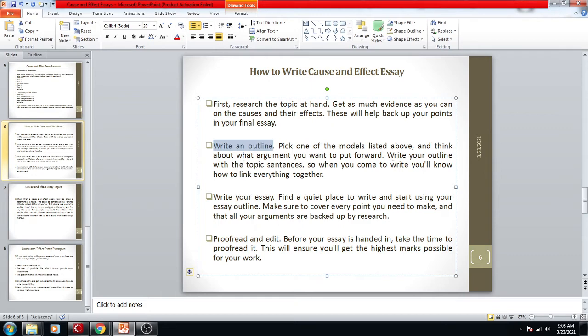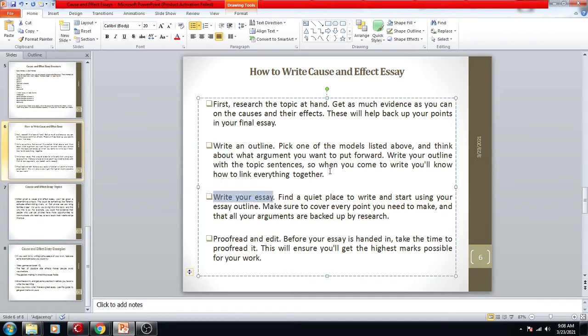Pick one of the models listed above and think about what argument you want to put forward. Write your outline with the topic sentences, so when you move to the second step in the process, you'll know how to link everything together.